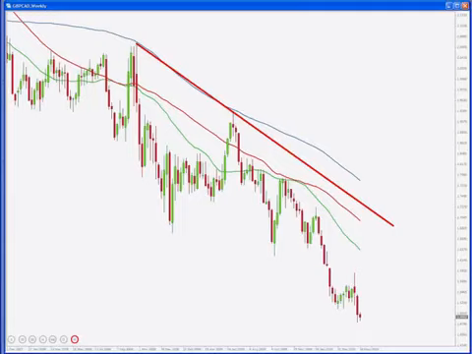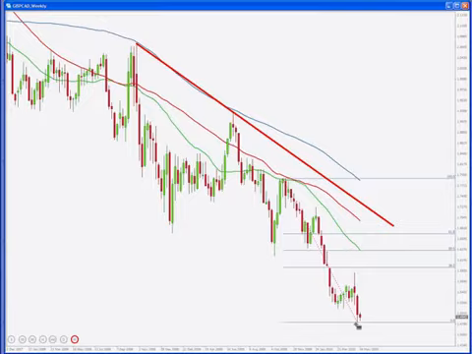Now, what about Fibonacci retracements? Well, we have one swing here, we have another swing here, and we have the latest swing there. So this is the high for the swing, that's the low for the swing. I am going to take my Fibonacci retracement tool and link those two swing points.